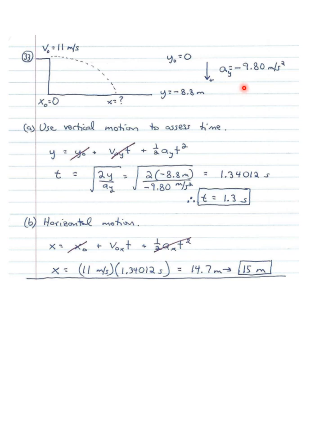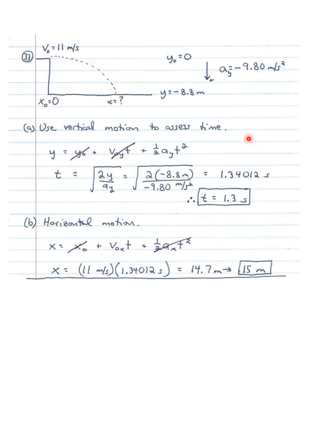And so acceleration in the y direction is negative 9.80 meters per second squared. Y naught is 0. Because y downward is negative, y is negative 8.8 meters.